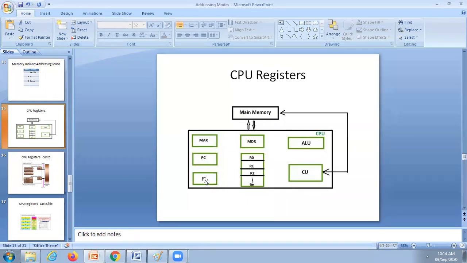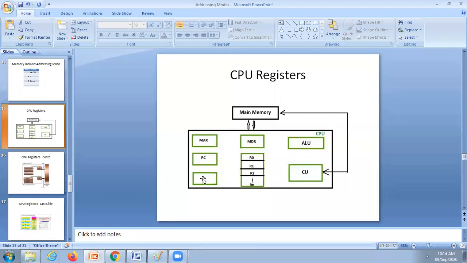Next one is instruction register. Once you have pointed to whatever address is in PC, you take that address and get the instruction from memory and store it in IR. All of you listen carefully.